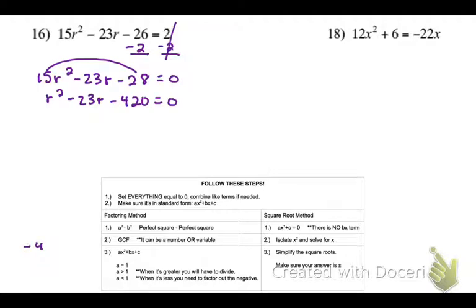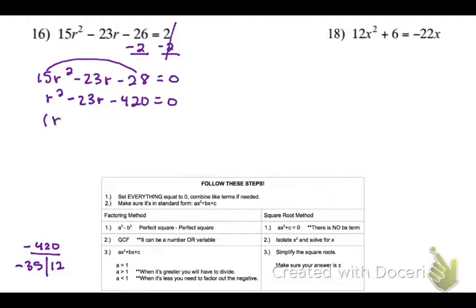So we're left with negative 420. So 35 and 12 gives me 420. But I need it negative, which means one of these has to be negative. Okay, these two. And the 35 actually is the one that has to be negative, because when you add them, you need a negative 23, not a negative 12. So I'm going to make this one negative here.